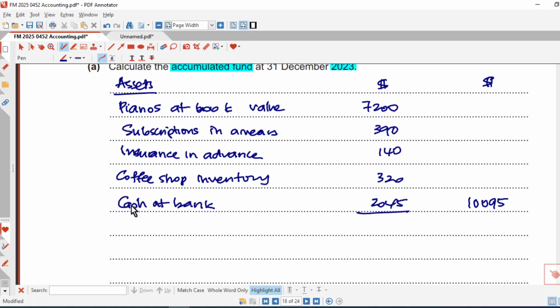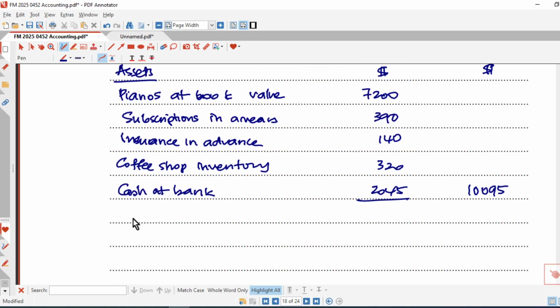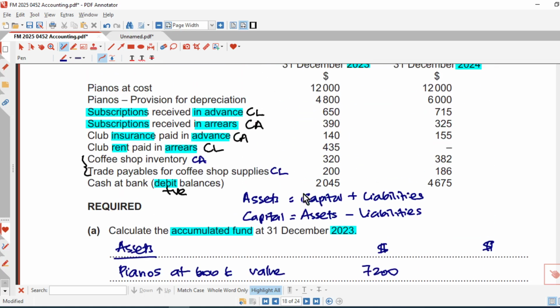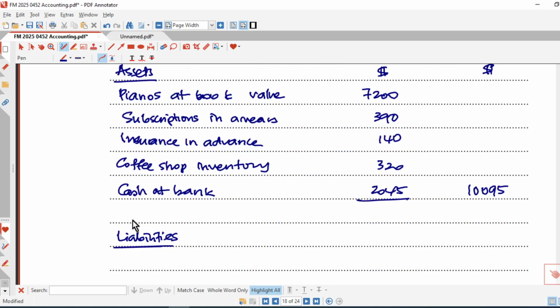The next part here, I'm going to bring in my liabilities. So, you can just continue. You don't have to leave a line. I do it because I want things to look a bit neater. Sorry, I have this OCD thing. Alright, liabilities, what do we have? We have our subscriptions in advance, 650.